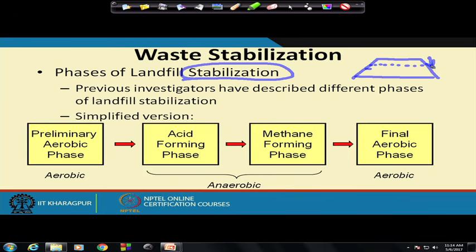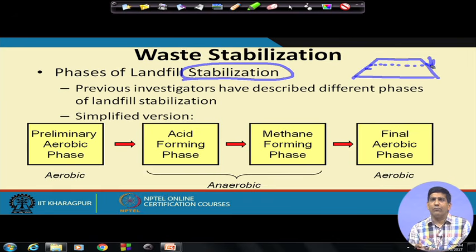When we talk about the phases of landfill stabilization, it goes through certain phases, and that's what these boxes try to explain. A lot of research has been done on this. One person, who is no more now, was considered the father of the bioreactor landfill, and one of the pioneers of the engineered landfill as we know it today: Professor Frederick Poland of Georgia Tech.